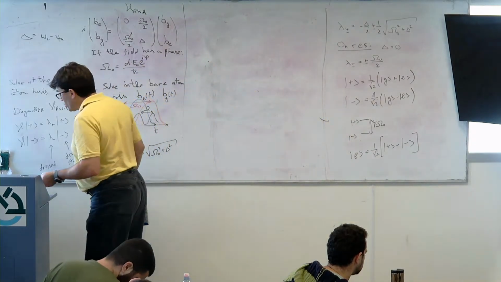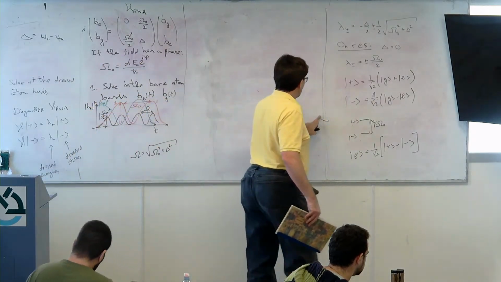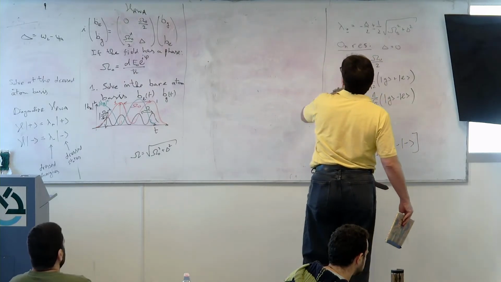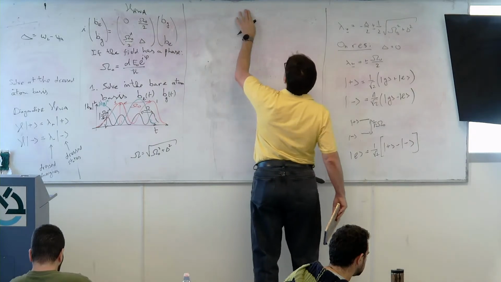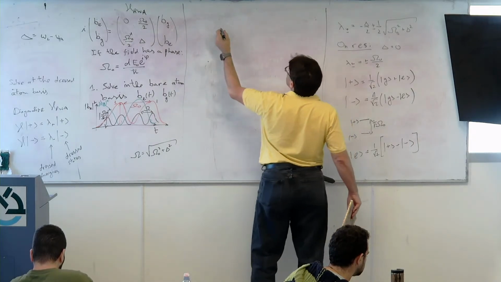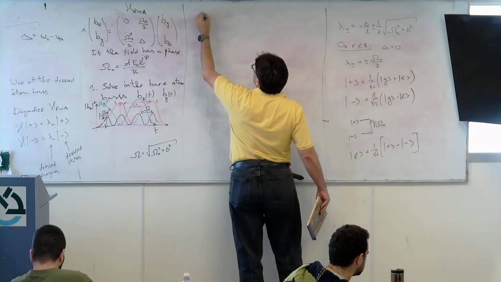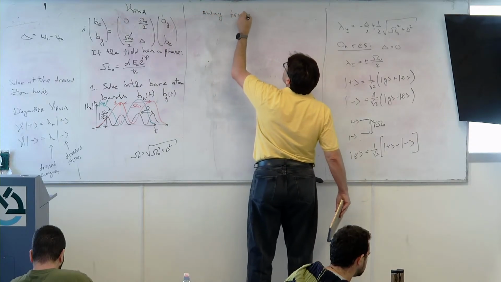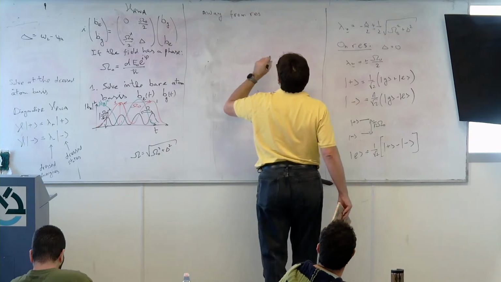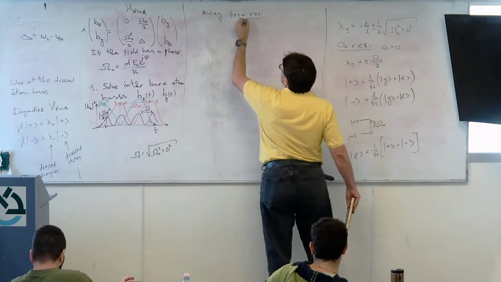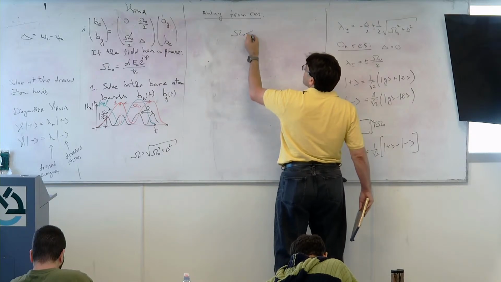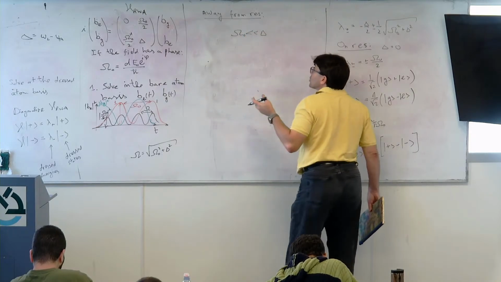The other thing that we did was to look at the eigenenergies again, but now away from resonance, meaning that the Rabi rate is much less than the detuning, but it's not zero.